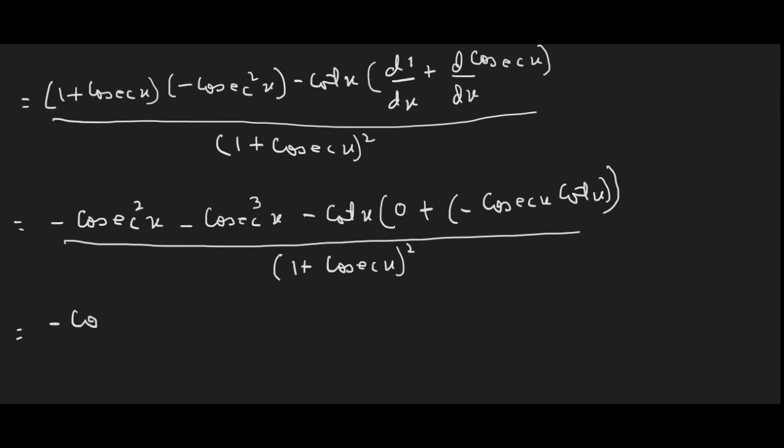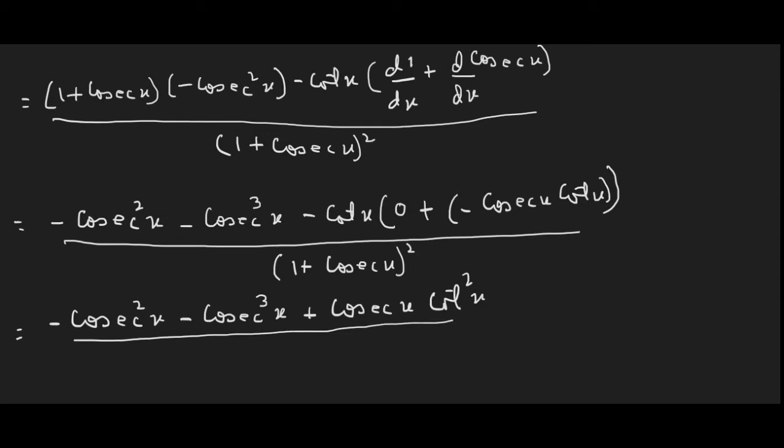So minus cosecant square x minus cosecant cube x plus cosecant x cot square x, whole divided by 1 plus cosecant x whole square.